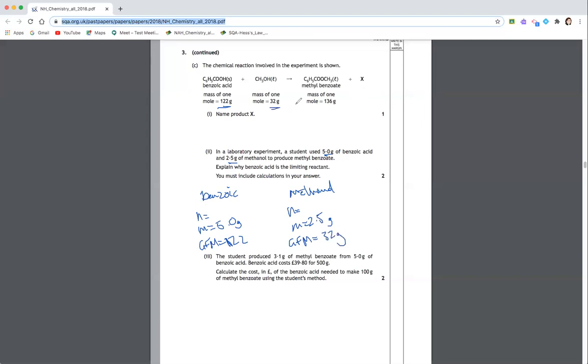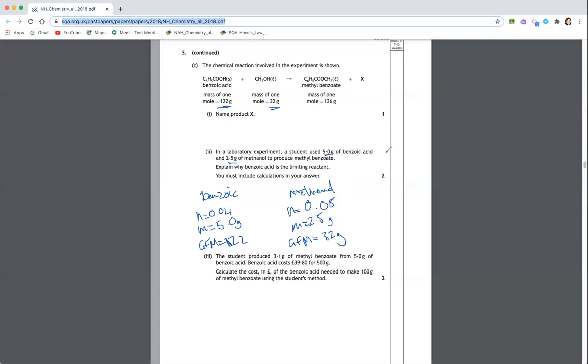You work out the number of moles of each, that's m over GFM, so 5 divided by 122 for the benzoic acid. So that's 0.04 moles. And for methanol, we've got 2.5 divided by 32, and that's 0.08 moles.